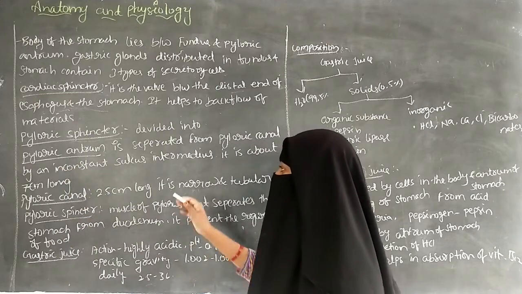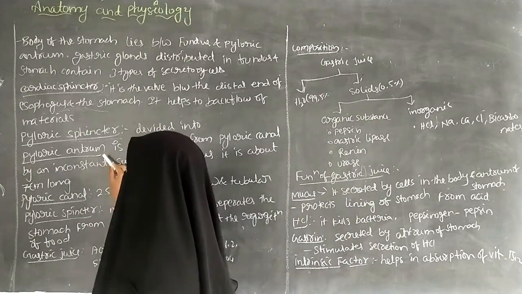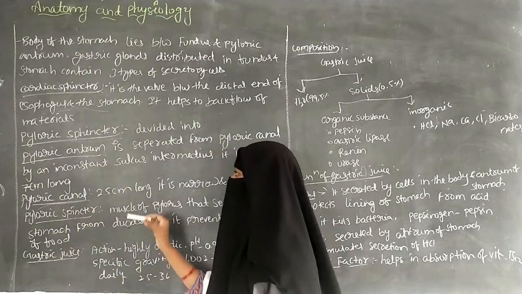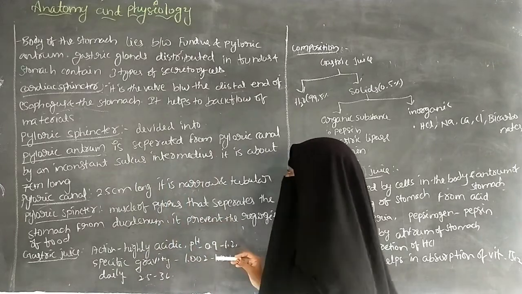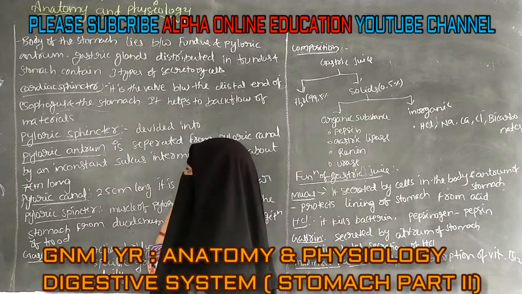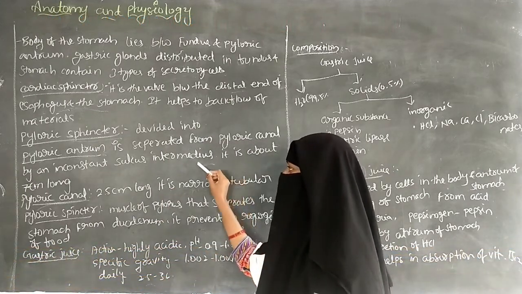The pyloric part can be divided into two parts: the pyloric antrum and the pyloric canal. The pyloric antrum is separated from the pyloric canal by an indistinct sulcus intermedius.